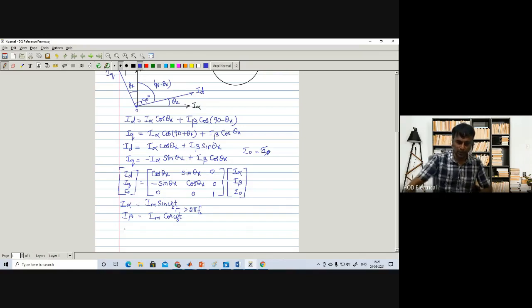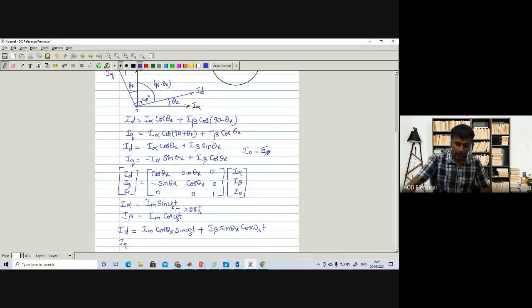Let me substitute now here. ID is equal to I alpha, which is Im into cos theta x into sin omega s into t, plus I beta into sin theta x into cos omega s into t.